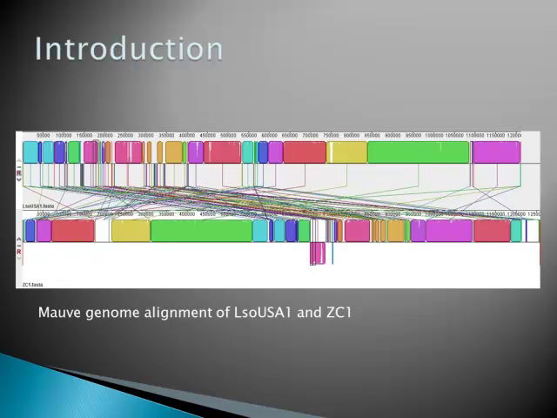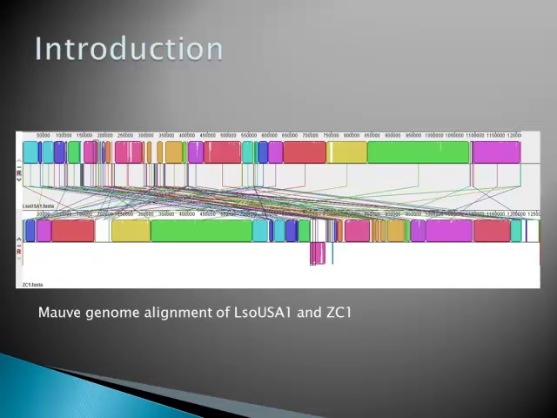This is another Mauve alignment. I won't go into mine too much. Rebecca's is actually much prettier. She ordered the contigs so that they matched up better than I just threw mine up there. But the big takeaway is, you have the bacteriophage, and look, there are little scattering remnants of phage.